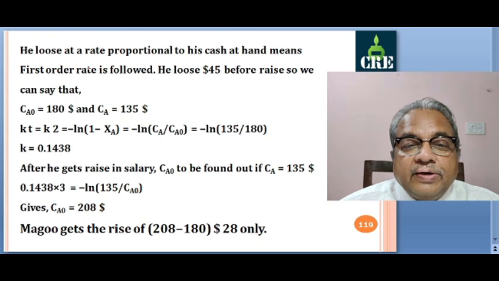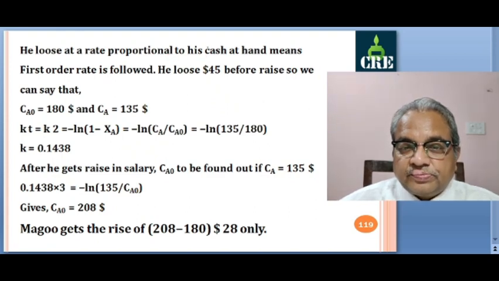So the rate of loss, or you can say rate of consumption, is first order proportional to cash in hand. So minus RA is equal to k into CA kind of thing. So he lost 45.